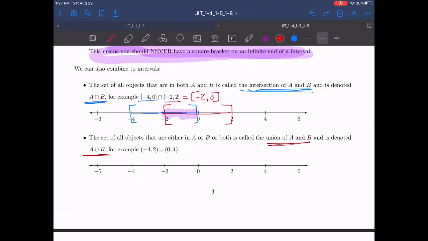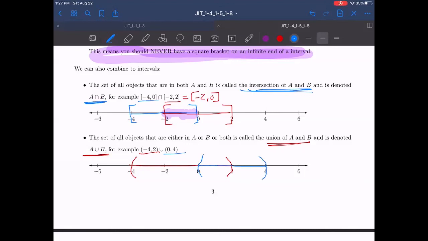I'll use red for -4 to 2. So -4 all the way up to 2, not including the endpoints. And then 0 to 4, still not including the endpoints.